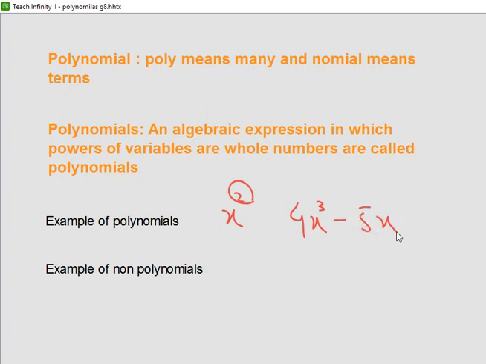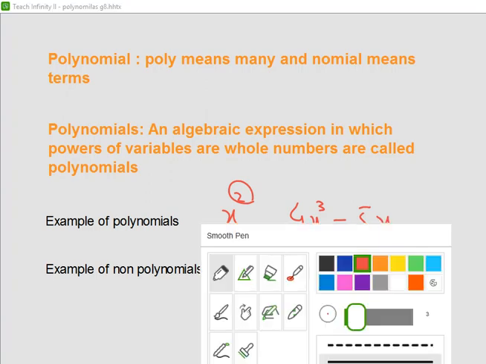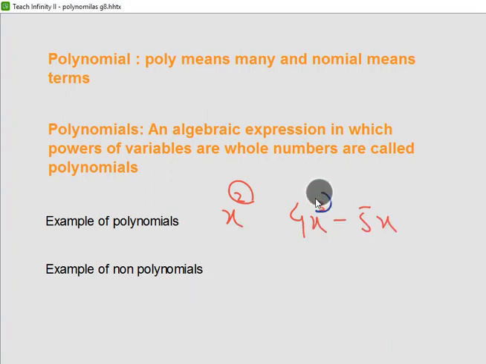You can see in this example this 3 is the power of variable x, it is a whole number. Here if nothing is written in the power, it means it has 1, so 1 is also a whole number. The whole numbers are 0, 1, 2, 3 and so on. 0 is also included in whole numbers.